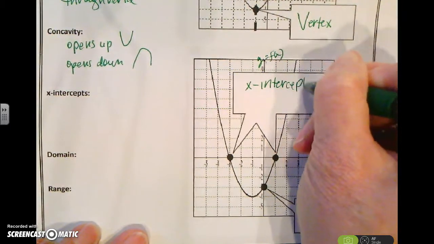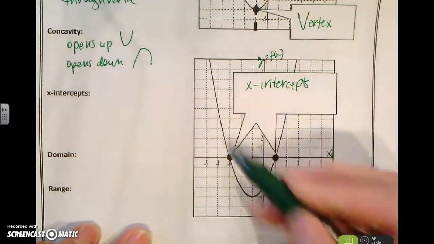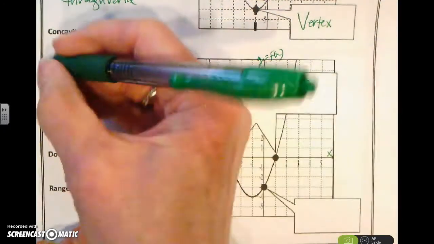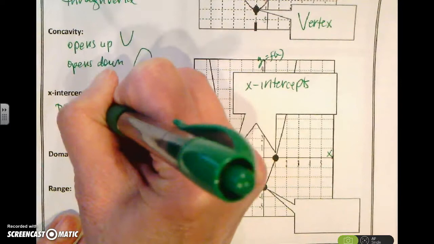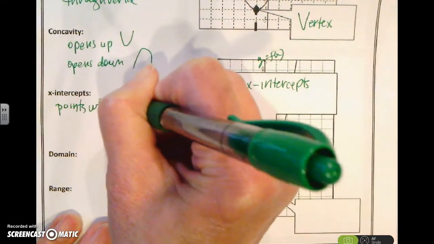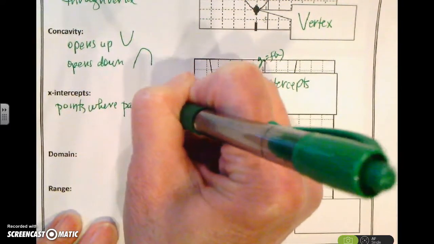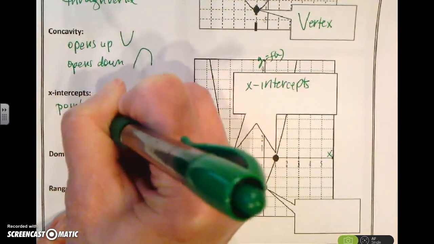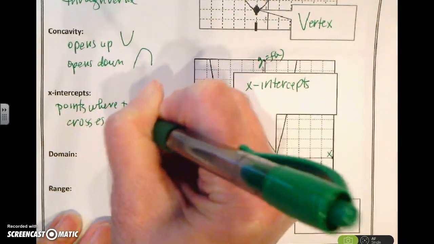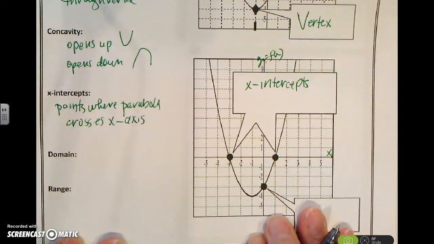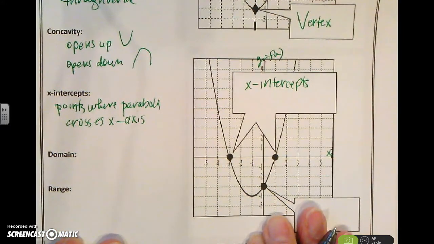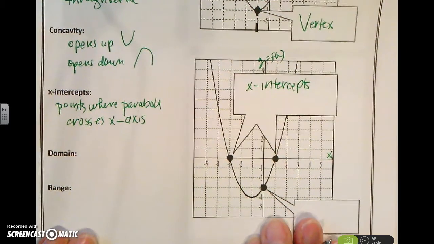So the points where the parabola crosses the x-axis. Sometimes there's two, sometimes there's one, and sometimes there might be none, just depending.